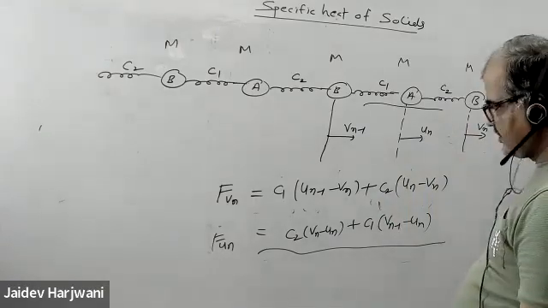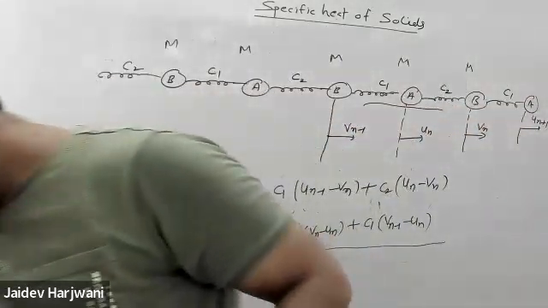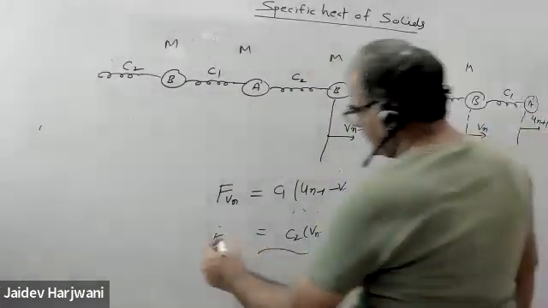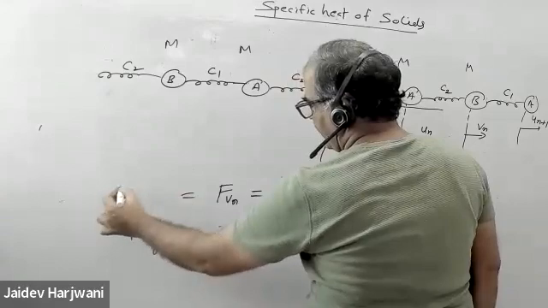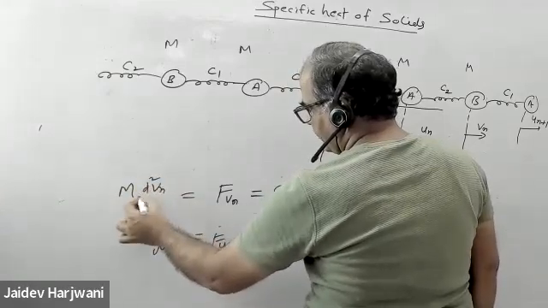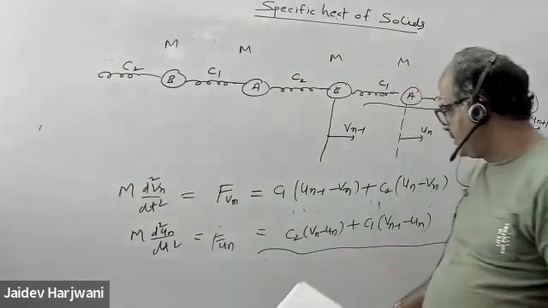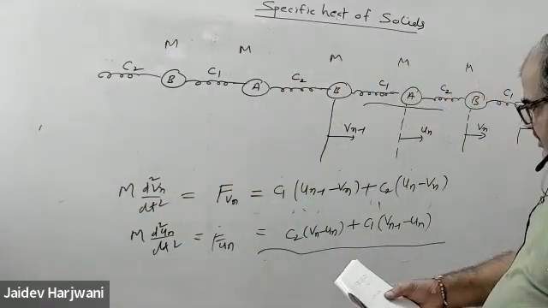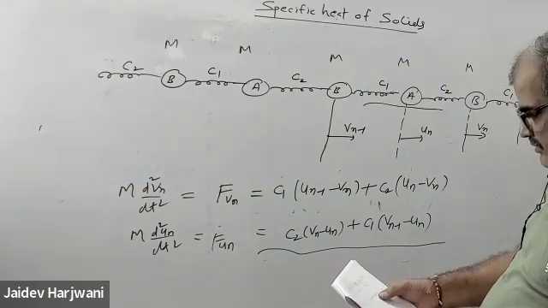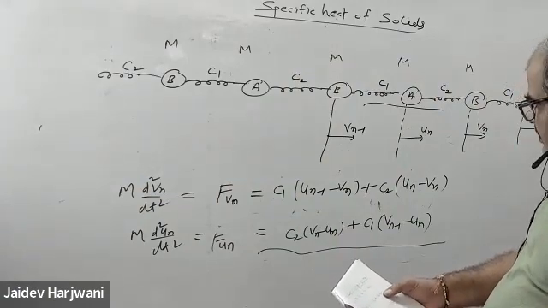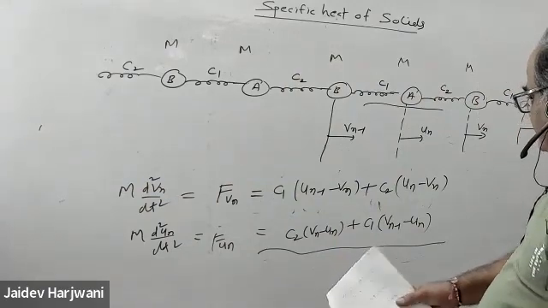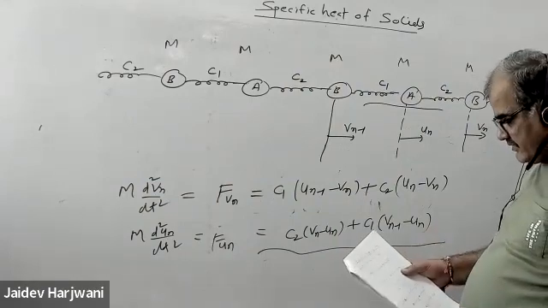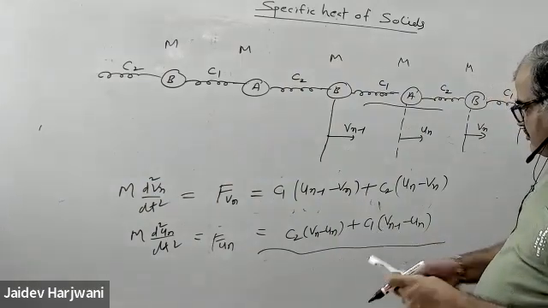These are the expressions for force, and this is equal to m d2 Un upon dt square. This is also m d2 Vn upon dt square. So this is your Vn minus Un plus C1 Un minus 1 minus Un minus 1, sorry, Un minus V. Please check whether this is correct or not. C1 is your Vn minus Un.